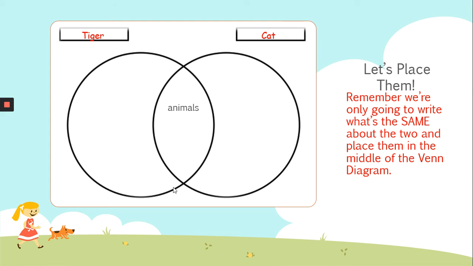Because we're talking about what's the same between these two, everything will go in the middle. So we know that they're both animals. They both have whiskers. And they both have tails. Great comparing.